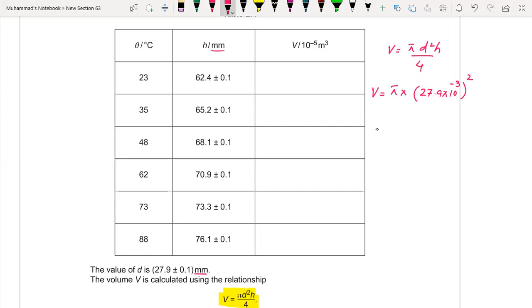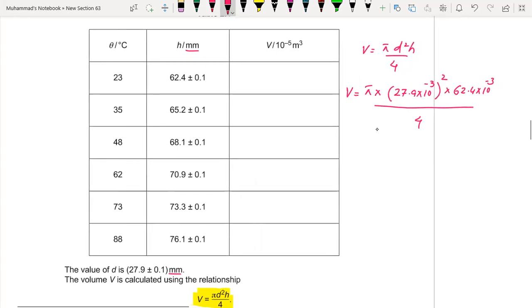So I have to convert it into meter, times h, and the value of h is 62.4 times 10 to the power minus 3, over 4. Now, as you have your calculator, you should complete this, the value of V.